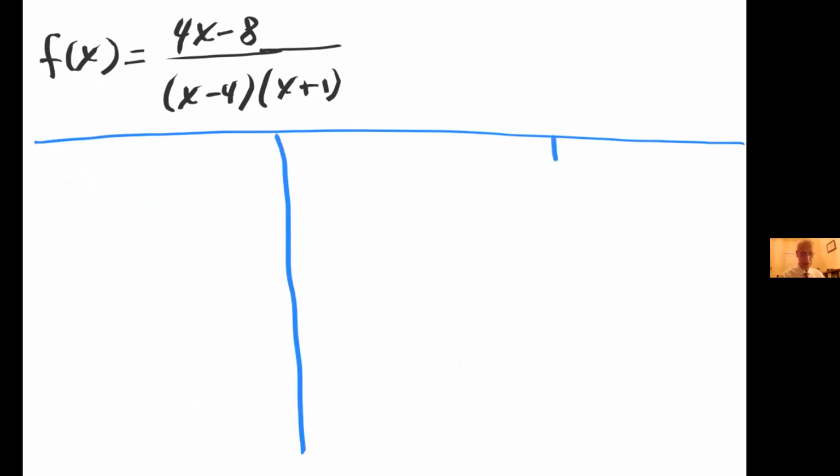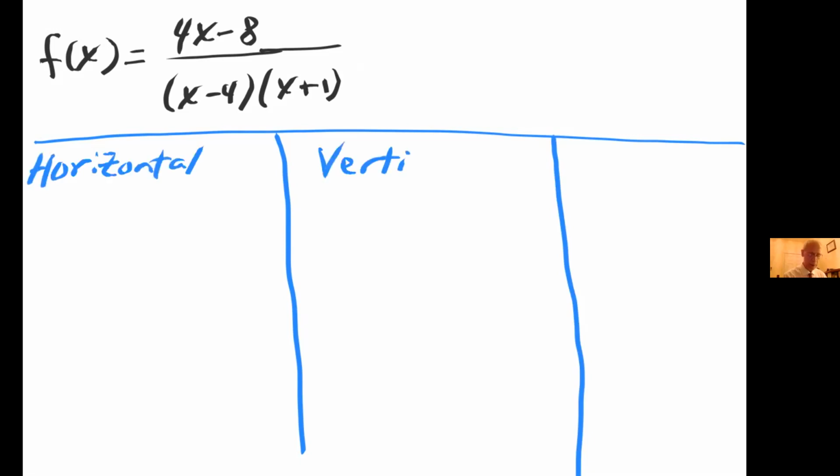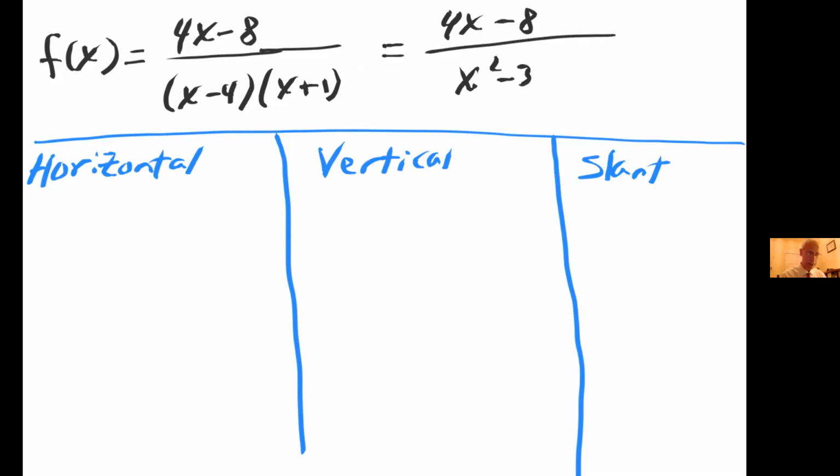To find asymptotes, potentially a rational function can have a horizontal asymptote, a vertical asymptote, or a slant asymptote. For the horizontal asymptote, let me remember that the original f of x was 4x minus 8 over x squared minus 3x minus 4.